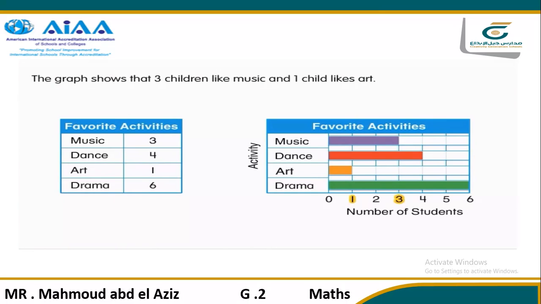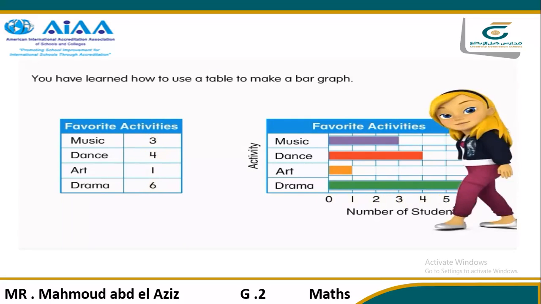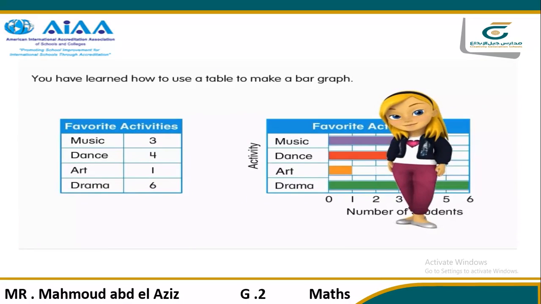The graph shows that 3 children like music and 1 child likes art. Do the numbers on the table match the numbers on the graph? Yes, the numbers on the table and graph do match. You have learned how to use a table to make a bar graph.